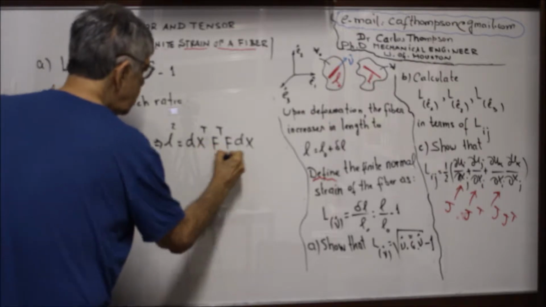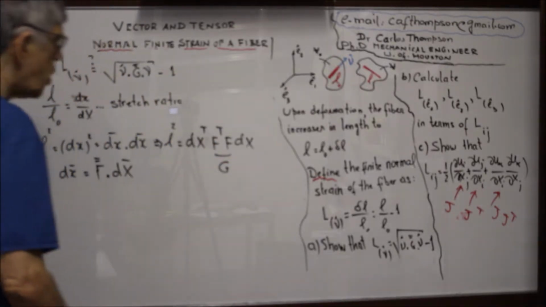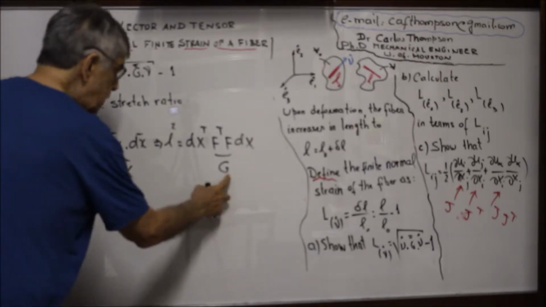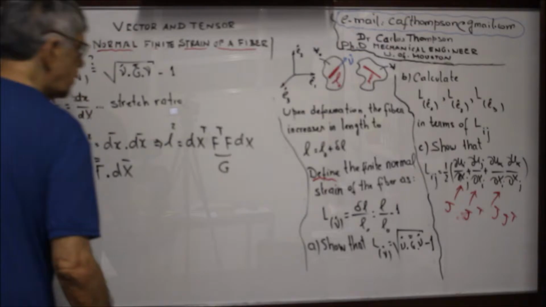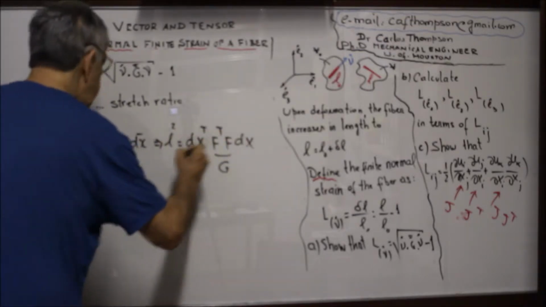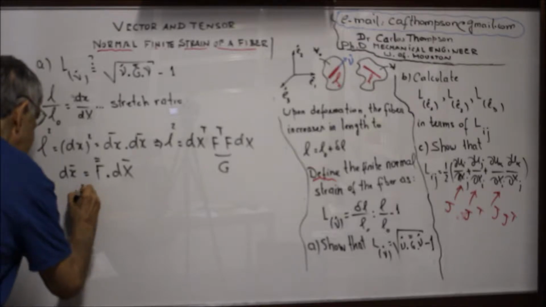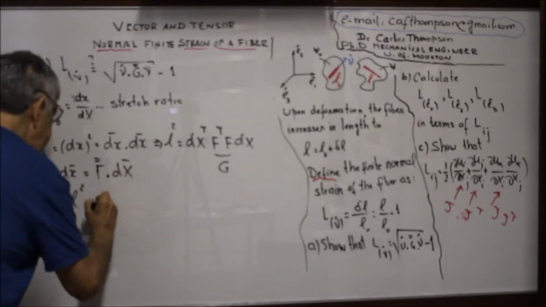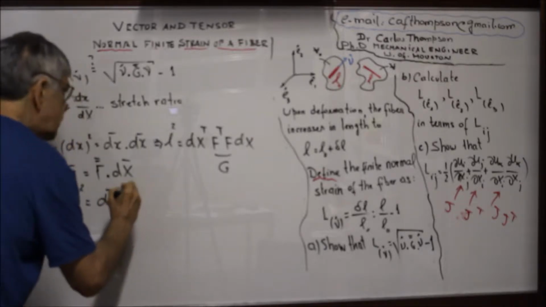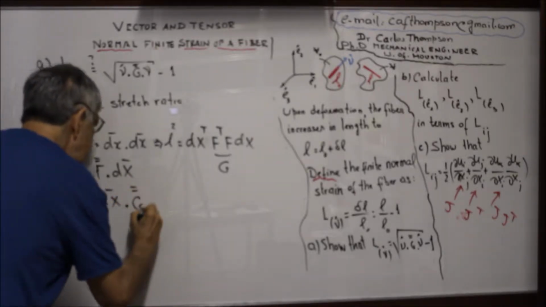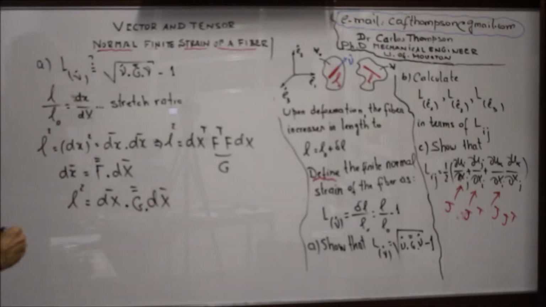You see, this is what we call G, the second order tensor. This is symmetric because F transpose times F is a symmetric matrix. So L square will be equal to dX dot G dot dX.